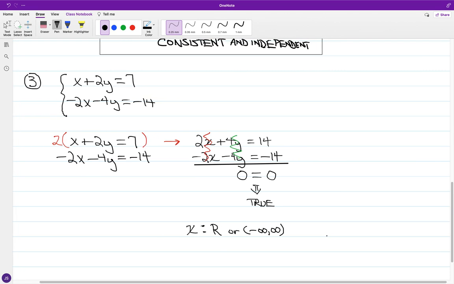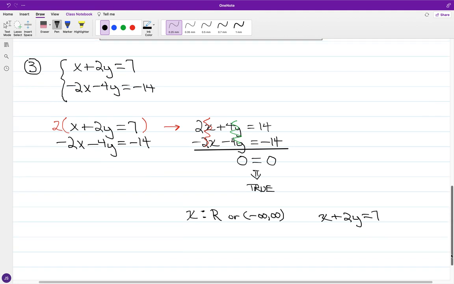For y, while the range will also be the set of all real numbers, Alex is particular about how to express y, and that is to express it in terms of x. So in this case, you have x plus 2y is equal to 7, and we put y in terms of x.